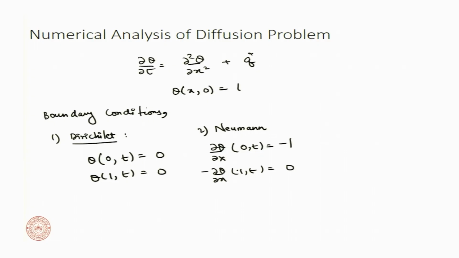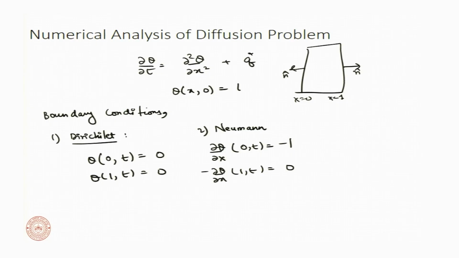There is a reason I put plus in the case of d theta by dx at x equals 0 and a minus in the case of x equals 1, because there are two boundaries. The normal component to the left boundary is in this direction and the normal component to the right boundary is in this direction. The gradient is always from x0 to x1. So in that case, our minus del theta by del x dot with the normal will be minus 1.